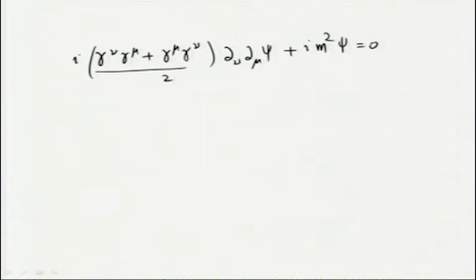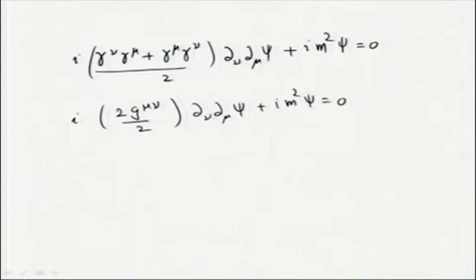The other term is identically equal to 0. But now, we have an anti-commutation relation between gamma matrices, and that tells us that it is equal to 2 g^μν/2 ∂_ν ∂_μ ψ + i m² ψ = 0. i is common, I will take that away.